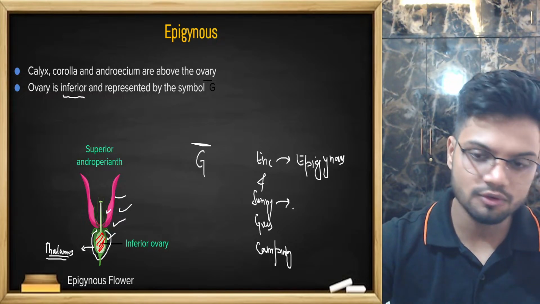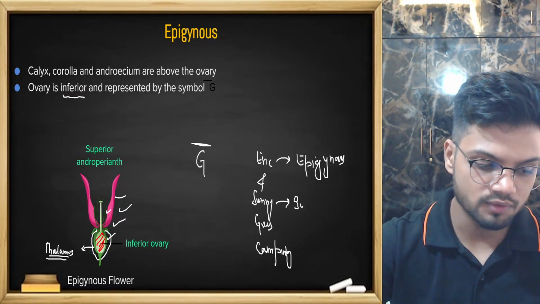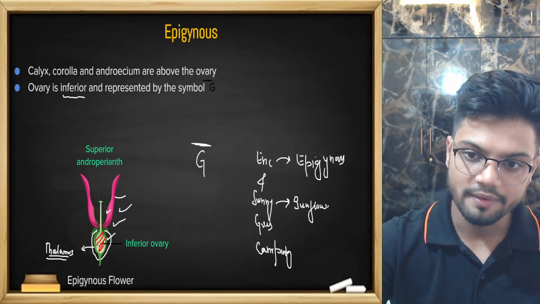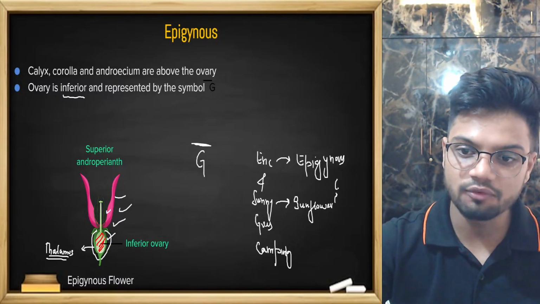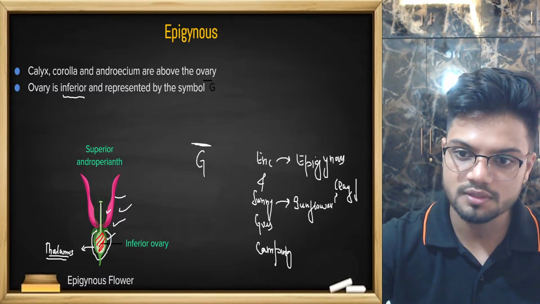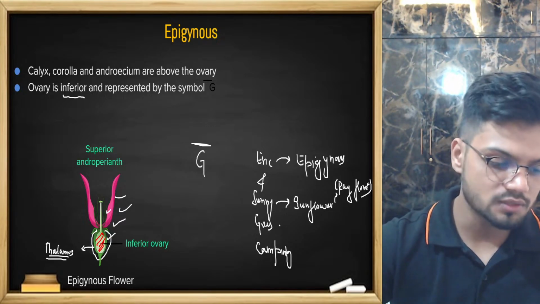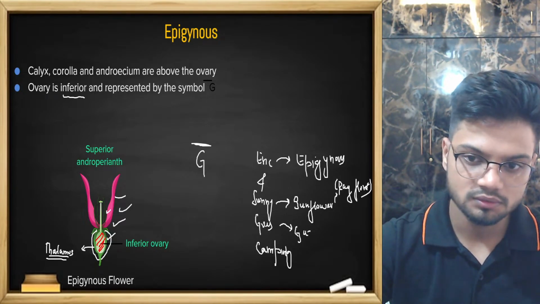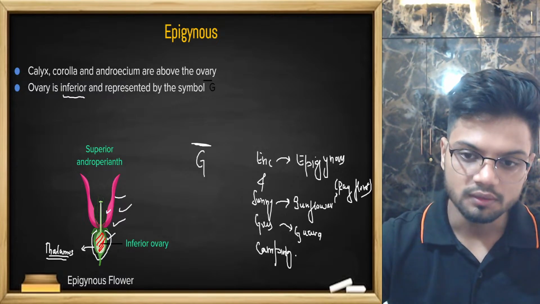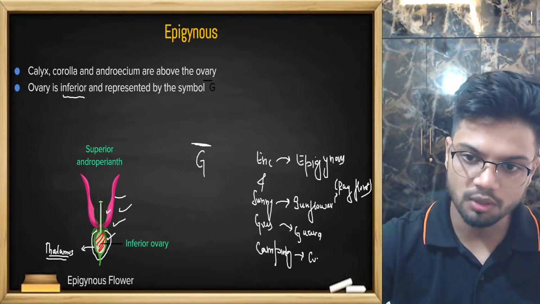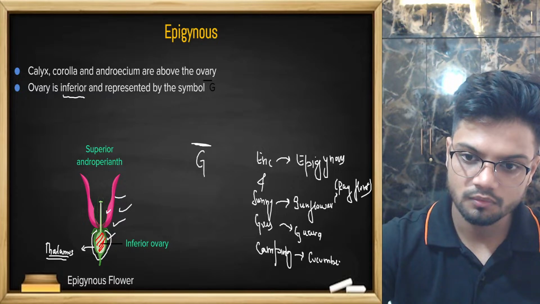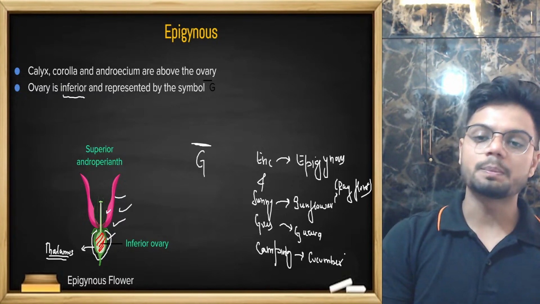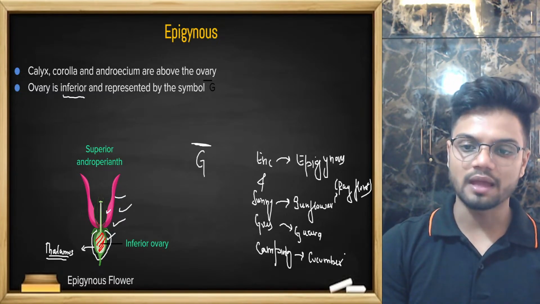The S stands for sunflower, especially the ray florets. The G stands for guava. The C stands for cucumber. So Eric and Sunny go for camping.